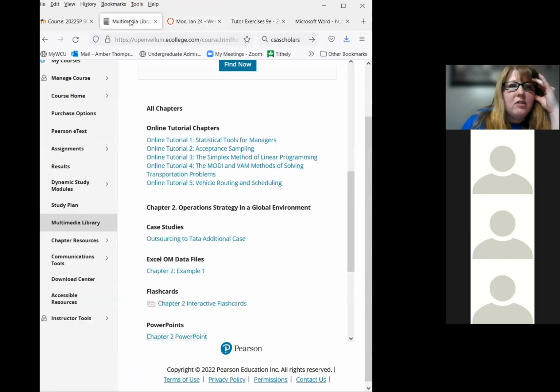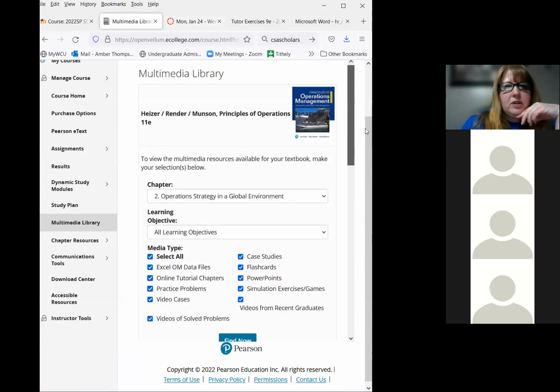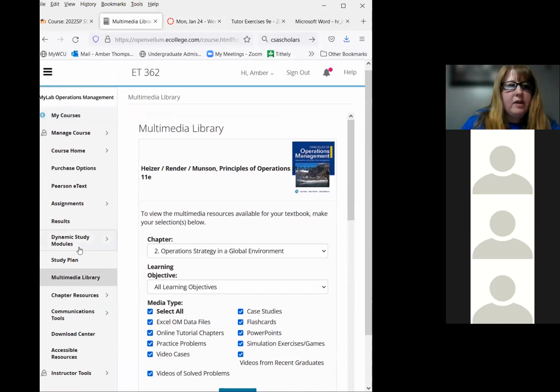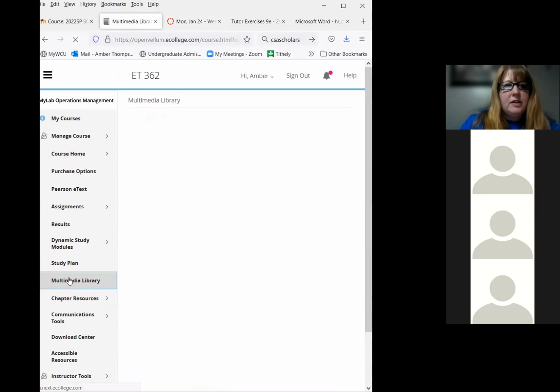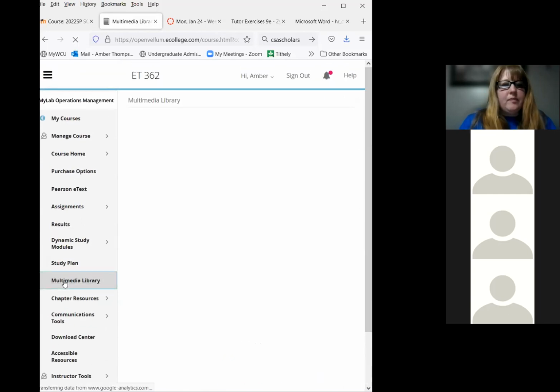So I'm going to toggle over to Pearson. And when you get into Pearson, and yours may look a little bit different from mine, you should have something over here where it lets you go to the multimedia library. And if you click on that, it might take mine a little bit to show back up. My internet's not great, especially when I'm on Zoom.